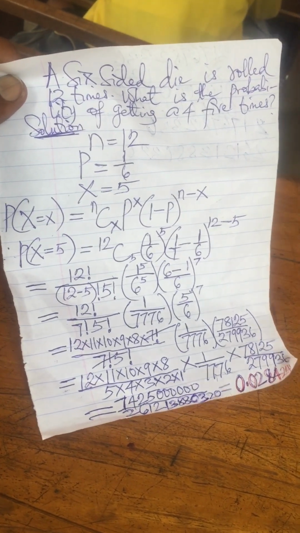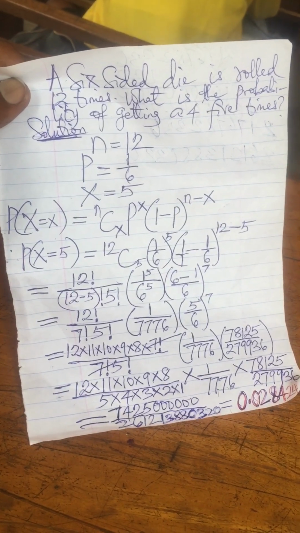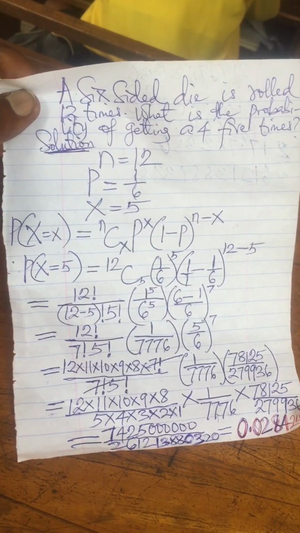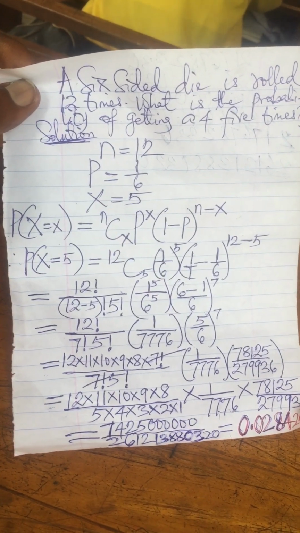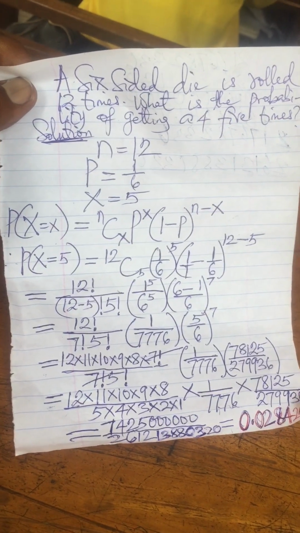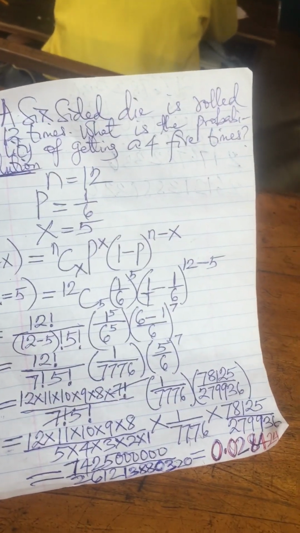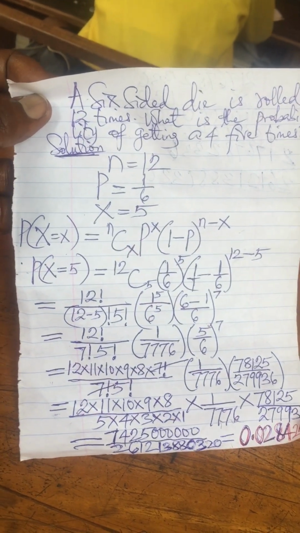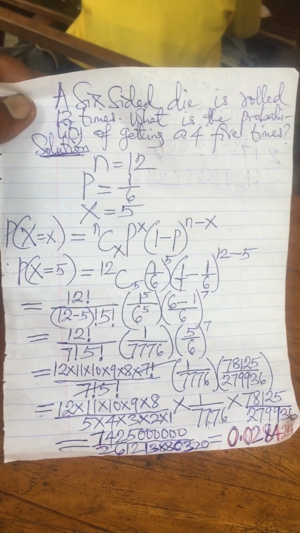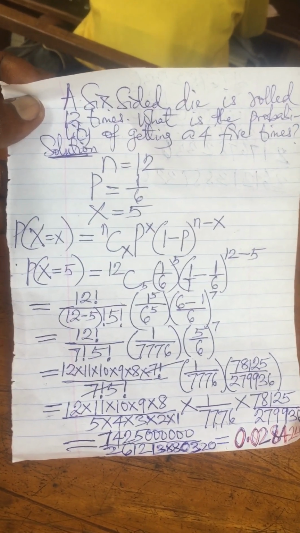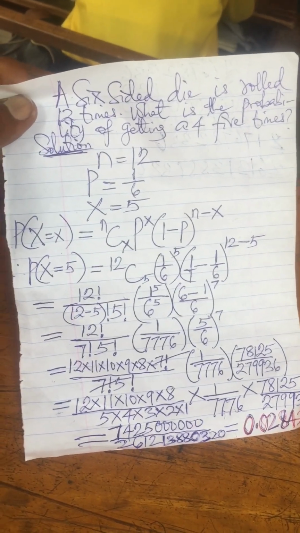Then in brackets, following the same formula, you are having 1 minus P. So that will be 1 minus 1 over 6, because your P is 1 over 6. So close in bracket, raised to the power of n minus x. So the n minus x here will become 12 minus 5, because n is 12, x is 5. Are you getting this? Good.